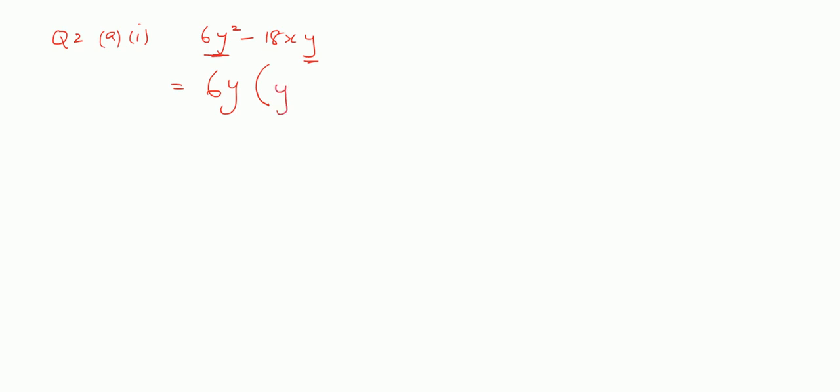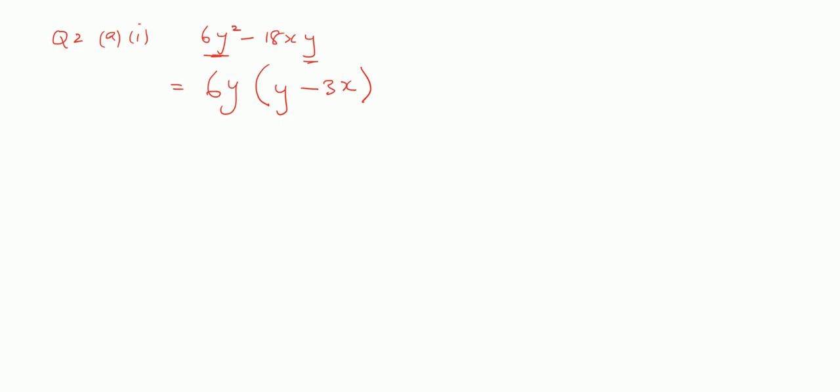This will be y, because 6y multiplied by y will give me y squared, minus 6 multiplied by 3 will give me 18, and we have to put an x here. So therefore when we factorize 6y squared minus 18xy, we end up with 6y, open brackets, y minus 3x.